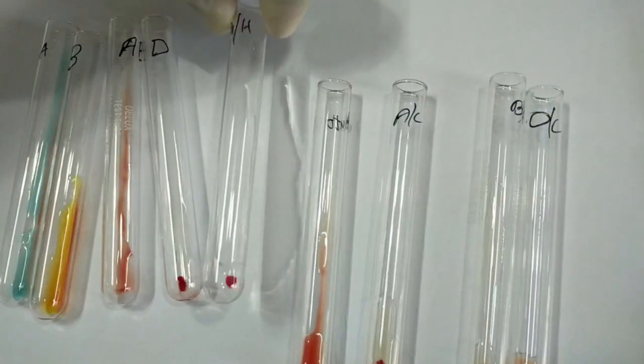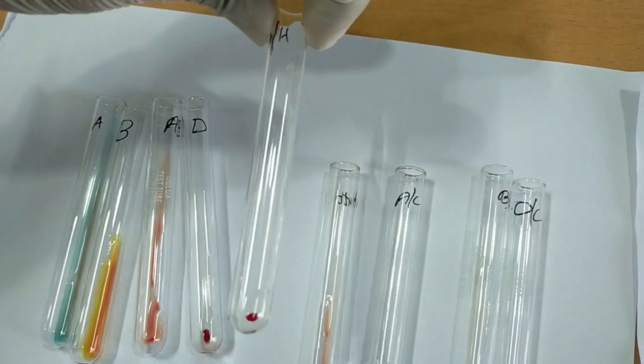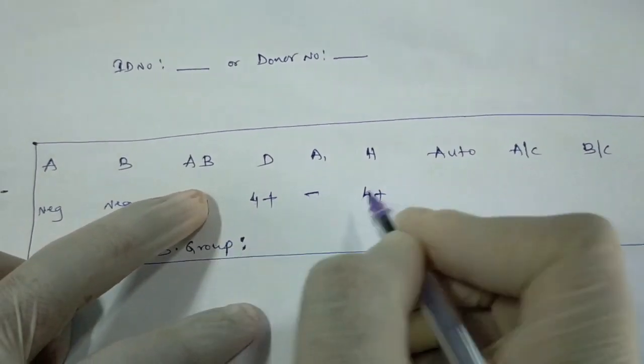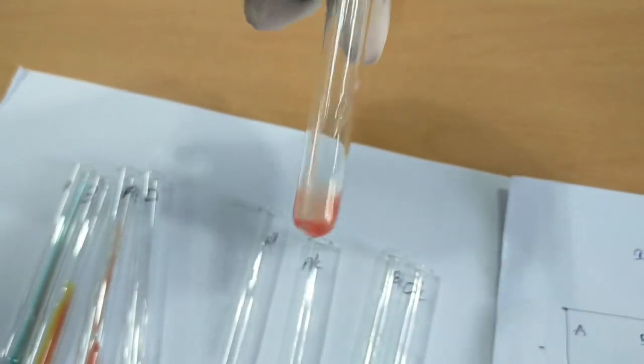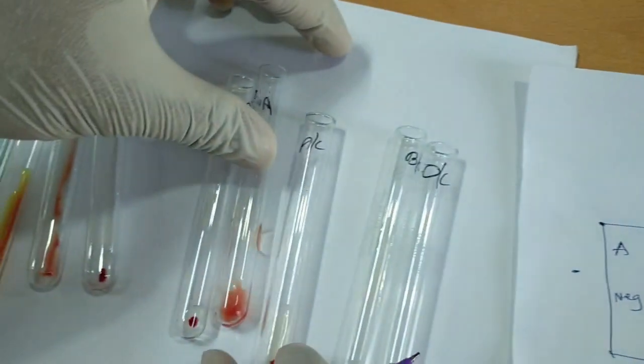This is the H for subgrouping. It is also showing reaction, agglutination 4 plus. This is the auto control. Auto control shows negative reaction, no agglutination seen.